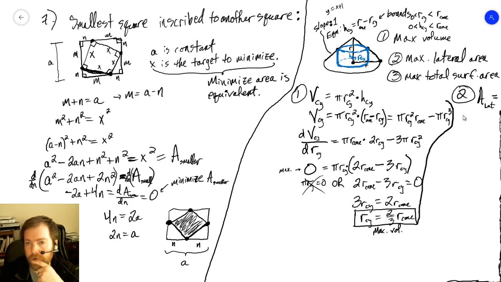Alright, so the lateral area is going to be a rectangle whose width is the height of the cylinder. So height of the cylinder multiplied by the circumference of the circle. So this is going to be pi times the diameter, or 2 pi radius of the cylinder.